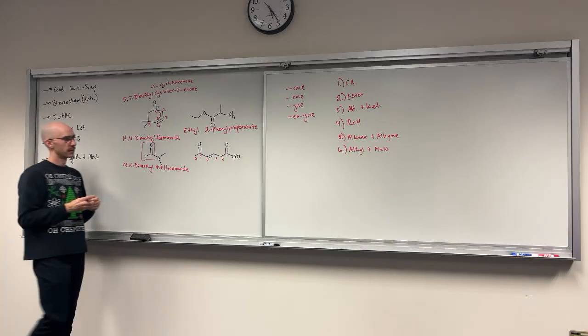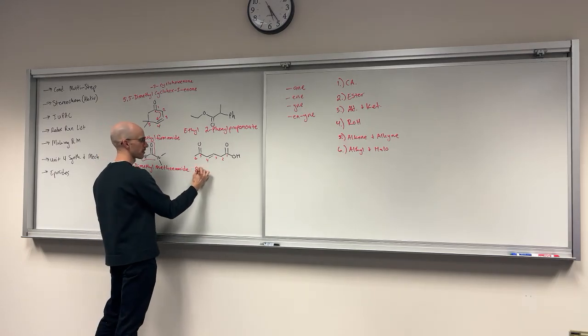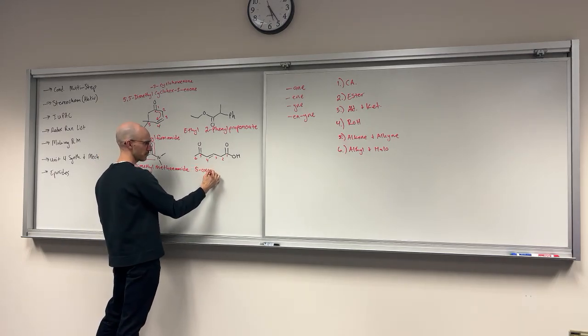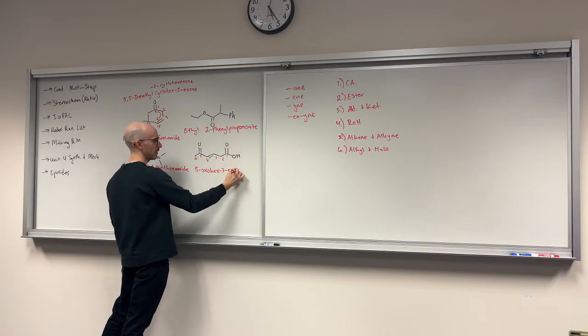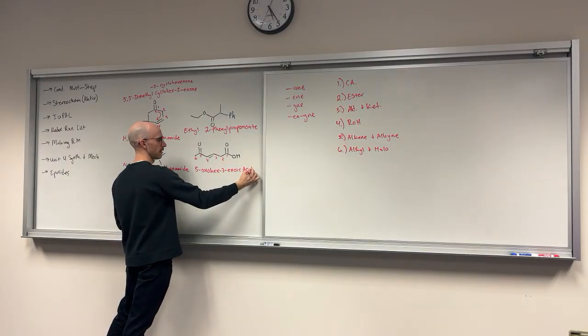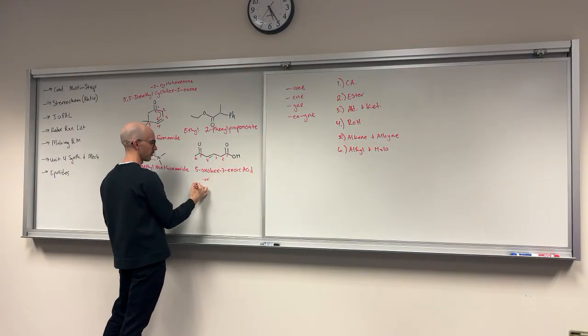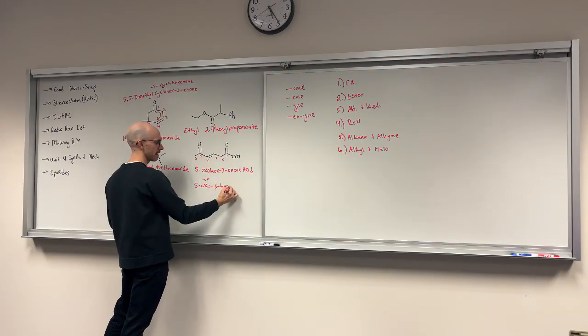Oxo. So I've got 5-oxo, hex-3-enoic acid. Once again, I could also call this 5-oxo-3-hexenoic acid.